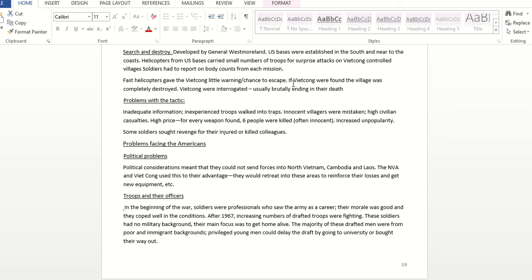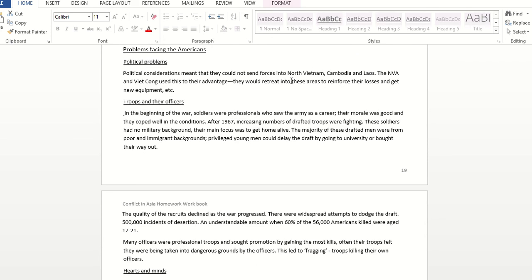And on the times that they didn't find any Viet Cong, often innocent villagers were mistaken, and there were high civilian casualties. For every one weapon that they found, 6 people were killed. Quite often they were innocent. This increased unpopularity for the Americans.